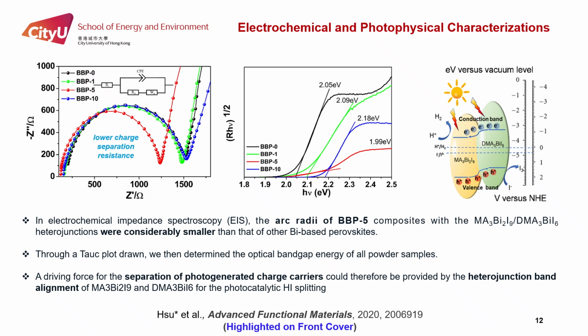Through a Tauc plot, we then determine the optical bandgap energy of all powder samples. Based on the energy level diagram, the heterostructure BPP5 showed a high potential for hydrogen production and iodine oxidation as a result of enhanced spatial charge separation.